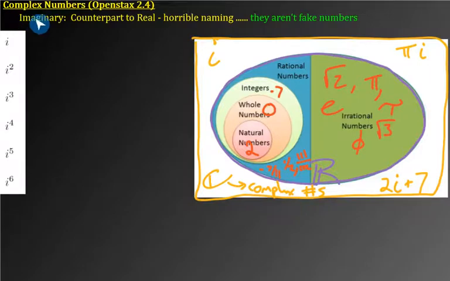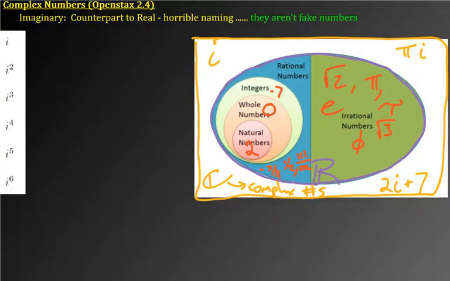So i is short for imaginary, and it sounds like the numbers are fake. They are not fake numbers. The reason they call them imaginary is really just because they are the counterpart to real numbers. It's just bad naming. Really, I think the real numbers were what were named badly. If these hadn't been named real, these wouldn't have been called imaginary.